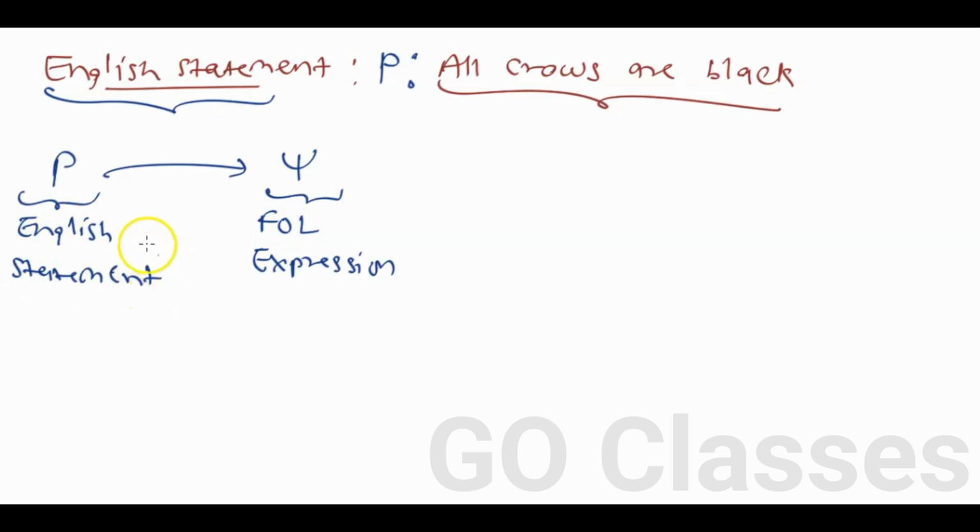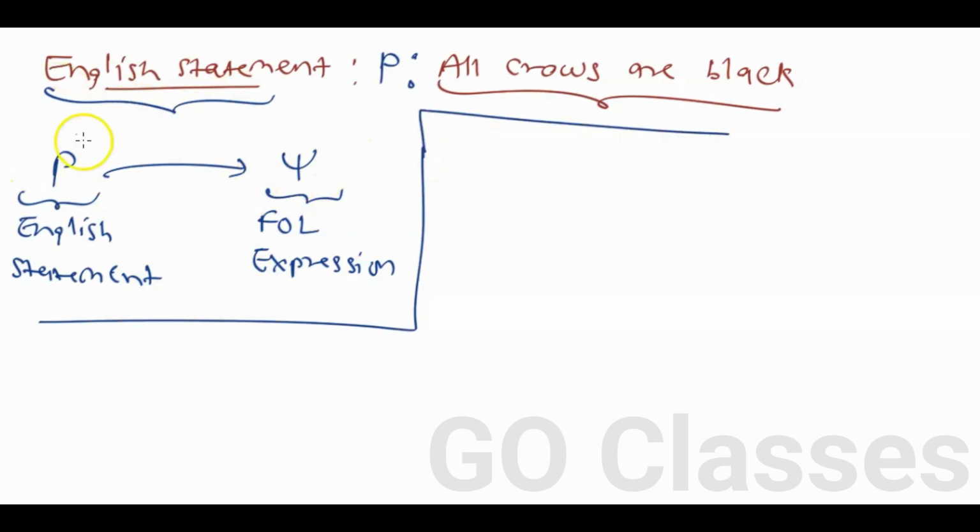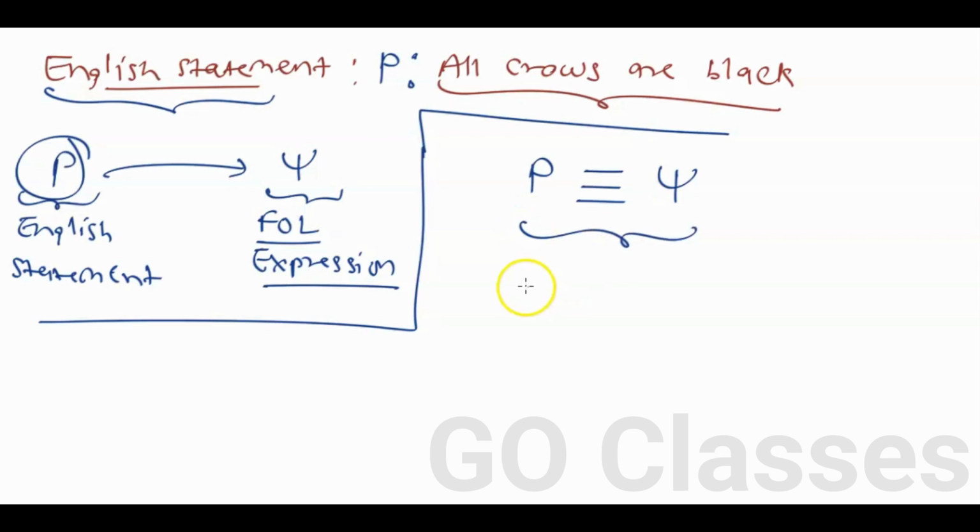Now, first of all, what is the meaning of this translation? First we should understand what it means to translate an English statement to a first order logic expression. It means that this P, this English statement, is equivalent to this mathematical expression psi.